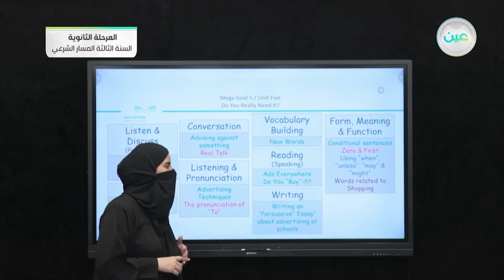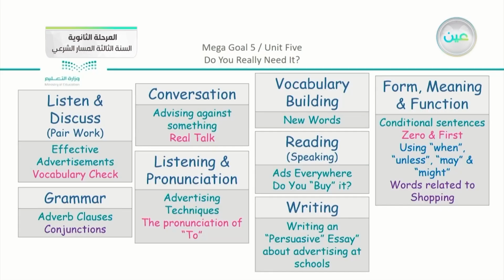Then we have the writing, where we learned how to write a persuasive essay about advertising at schools. And then we have the form, meaning, and function, which we learned yesterday about conditional sentences, the zero and first conditional sentences, using when, unless, may, and might with these sentences. And we also learned many words related to shopping.